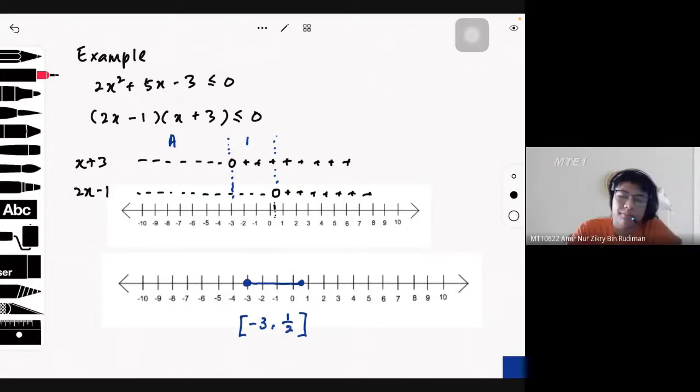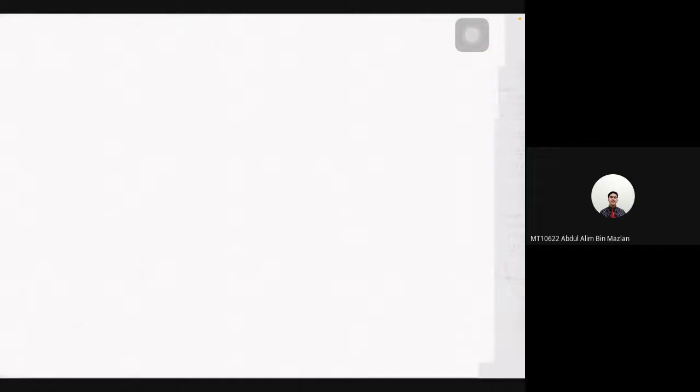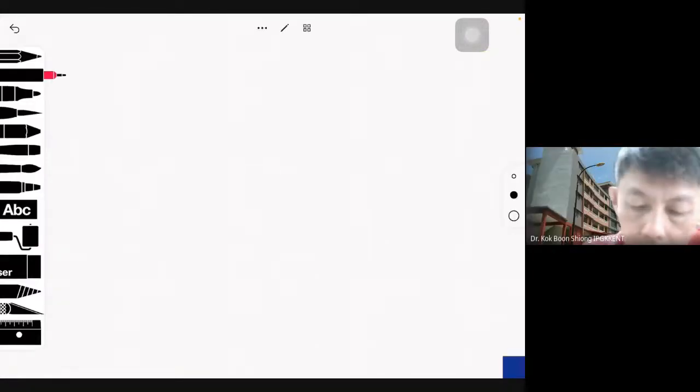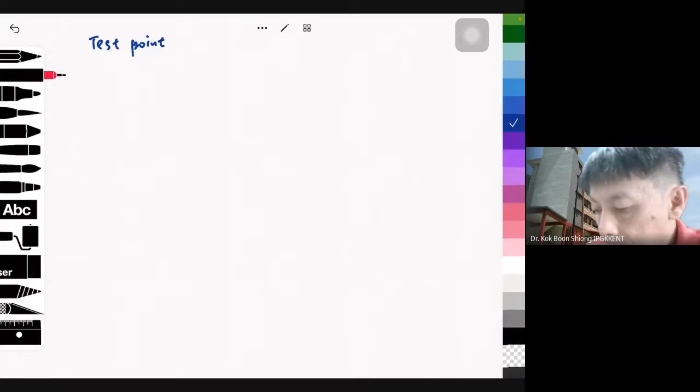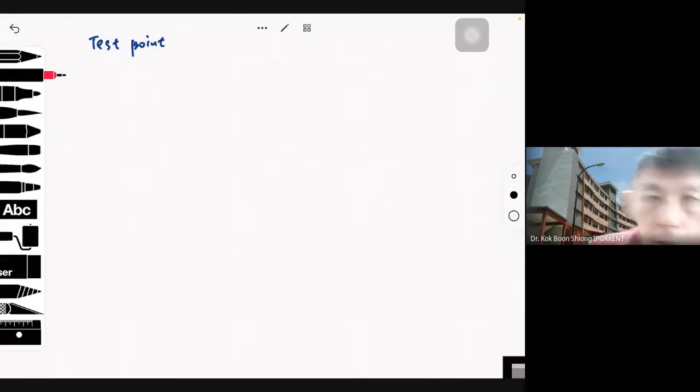The third method is using test point. This is more analytic. Using test point is easier, but there's a risk in using this method.